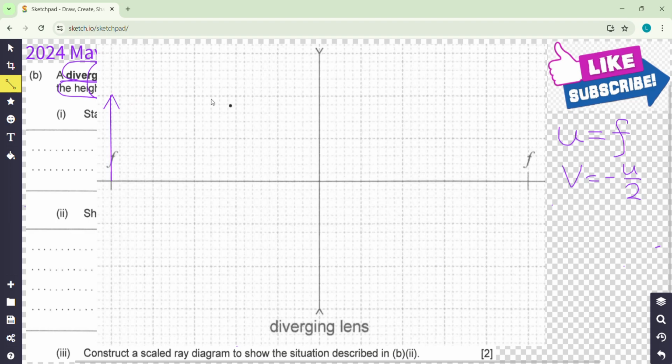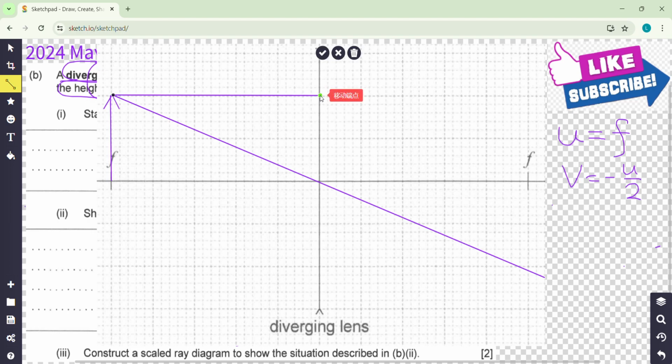Remember, the ray parallel to the axis passes through the optical center with no bending, always draw this one easier. And then the ray parallel to the principal axis is just like being reflected from the focus. From the focus, look at the same scale, 2.5.